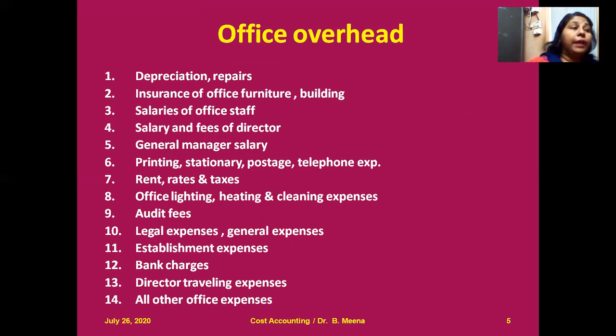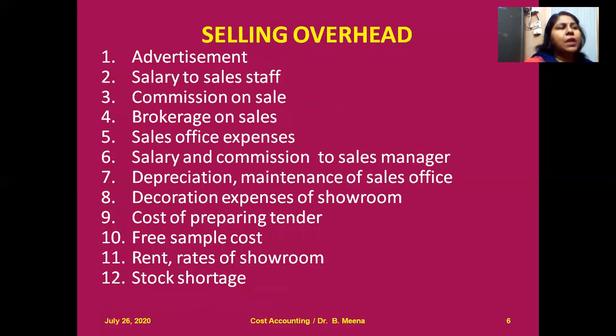Insurance of office furniture, building, salaries for the office staff, salary and fees of the director, GM salary, printing, stationery, postage and telegram, rent, rates, taxes, office lighting, heating, cleaning expenses, audit fees, legal expenses, general expenses, establishment expenses, bank charges, director traveling expenses, all other office related expenses will come under office overheads. So from looking at this slide, you will get an idea about what overheads will probably come under office overheads.